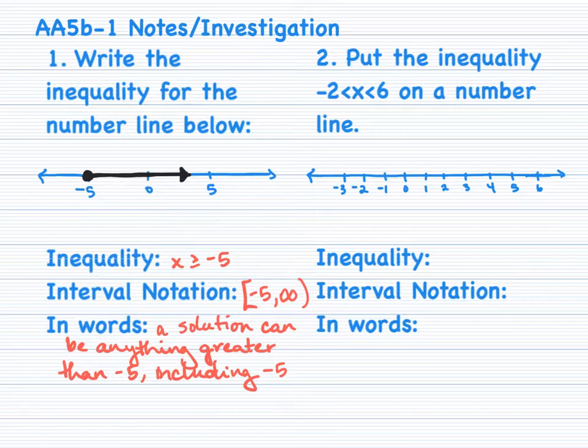On number 2, if we look at this inequality, -2 is less than x, which is less than 6. In words, the easy way to say that is a solution can be between -2 and 6.